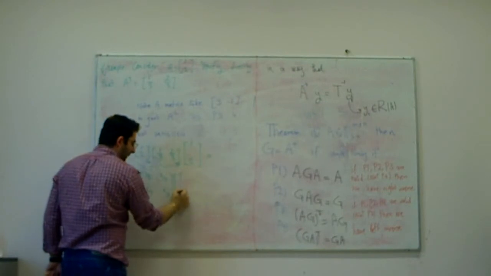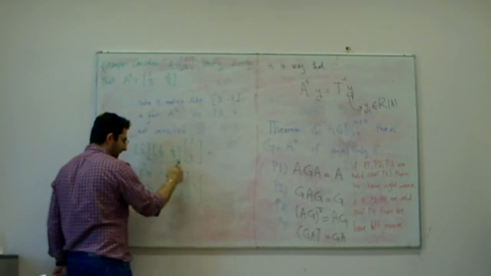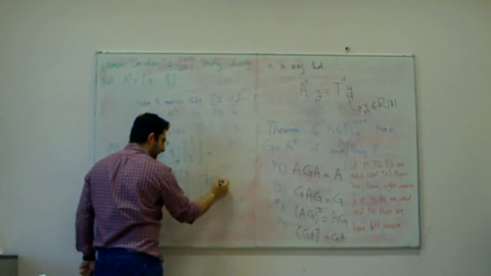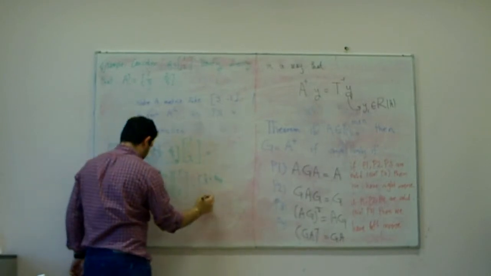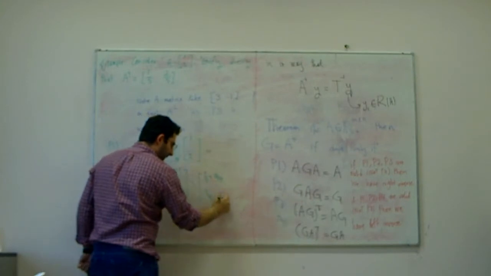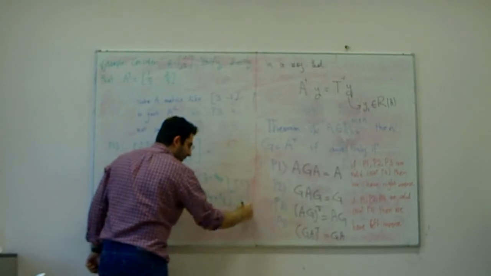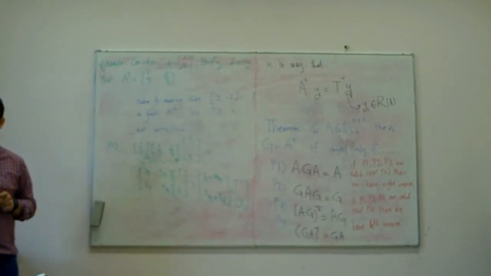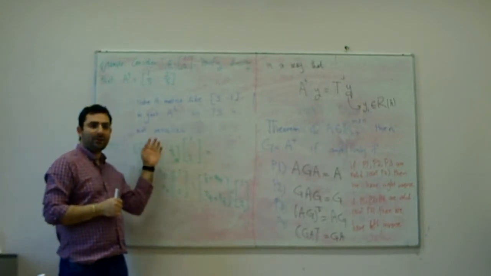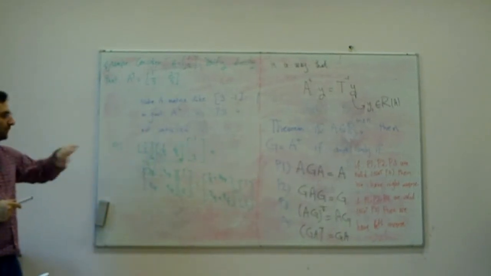Then multiply by 1 over 2. And if I do, I will get 1 over 5 plus 2 over 5, or 4 over 5. And this one is 4 over 5. So 2 over 5 plus 8 over 5, which will be 5 over 5 and 10 over 5. So condition 1 is satisfied. Why? Because AGA, or A plus A, is A. So you have to do the rest.